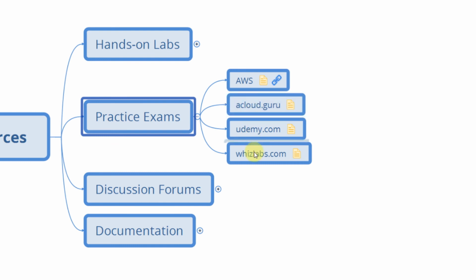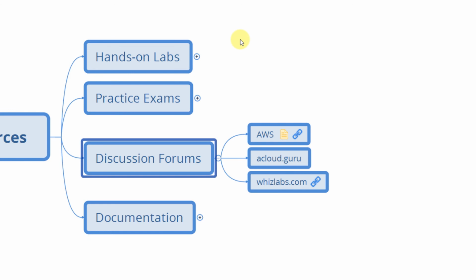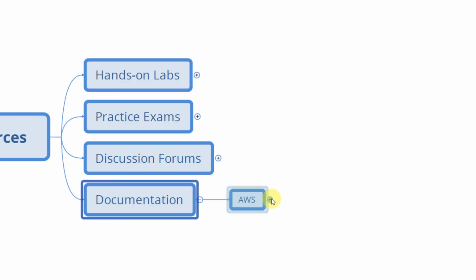And similarly, Udemy, WizLabs, and so on. Once again, I want to reiterate that I'm not affiliated with any of these organizations. Discussion forums, you can find them on AWS and there is no charge for using them. A Cloud Guru has a lot of discussion forums, but you have to be a subscriber, and so does WizLabs.com.